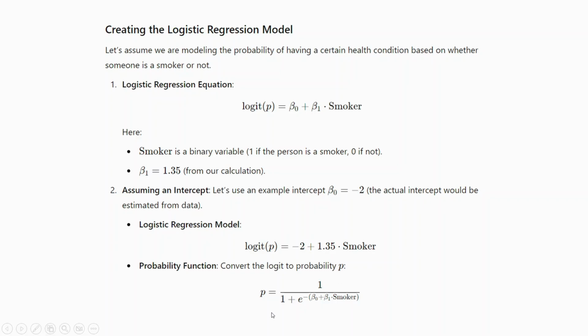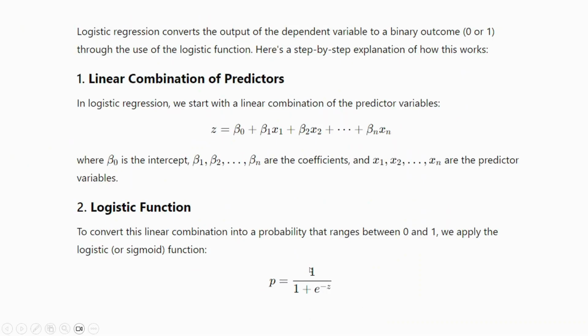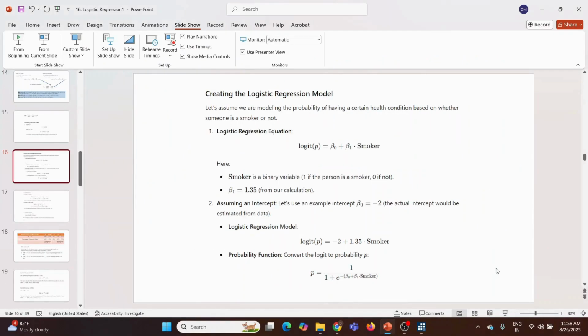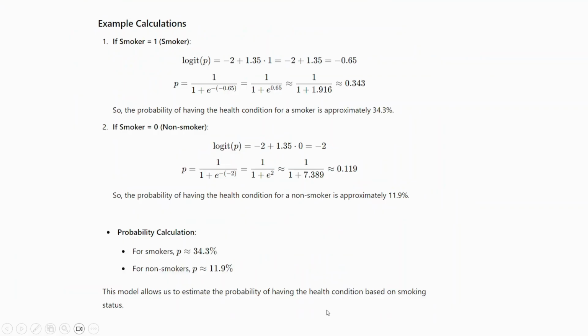So if I want to calculate the probabilities, how can I calculate? It's so simple, from where we have started. P is equal to 1 upon 1 plus e raised to minus z. This equation, we will use it. So you can see the same equation we have used. Logit P is equal to minus 2 plus 1.35 into 1.